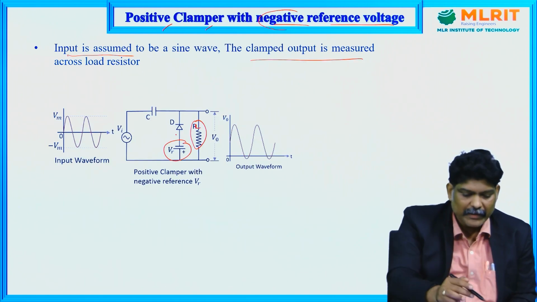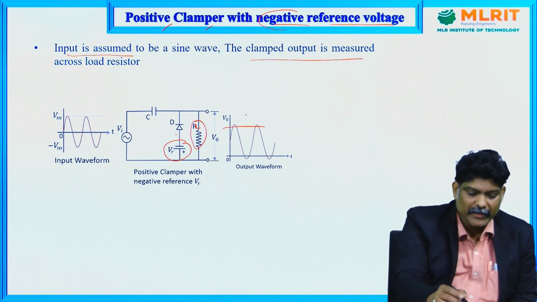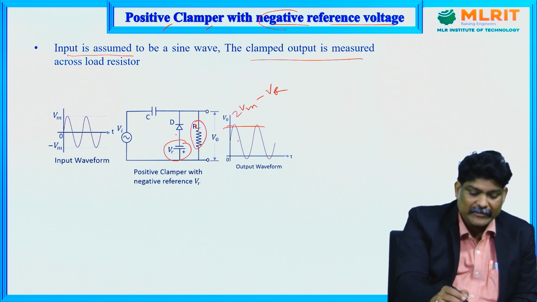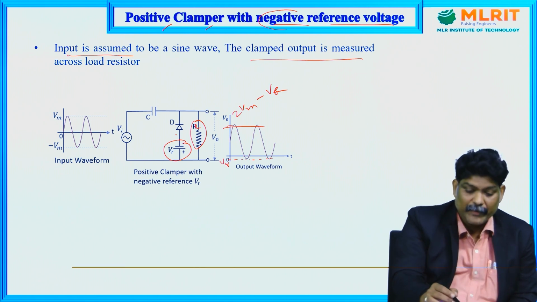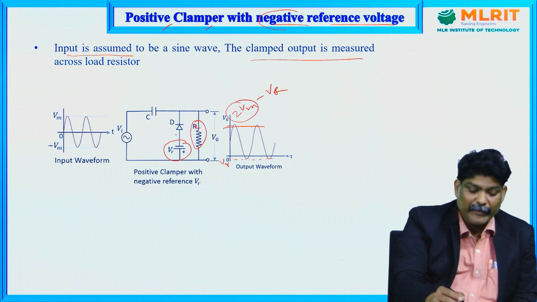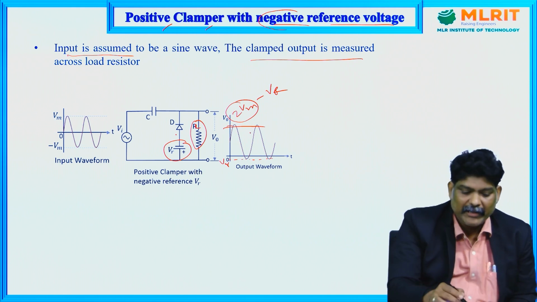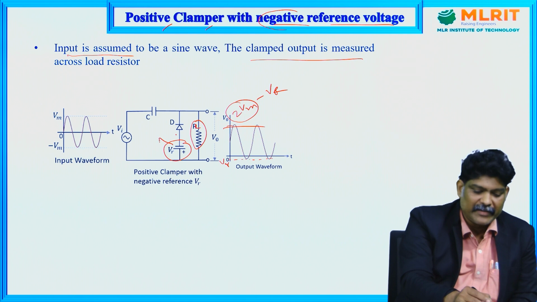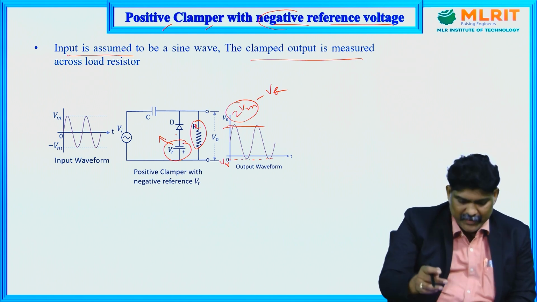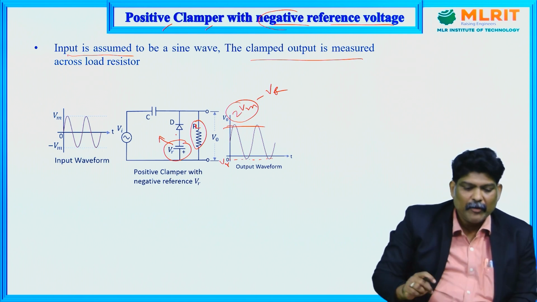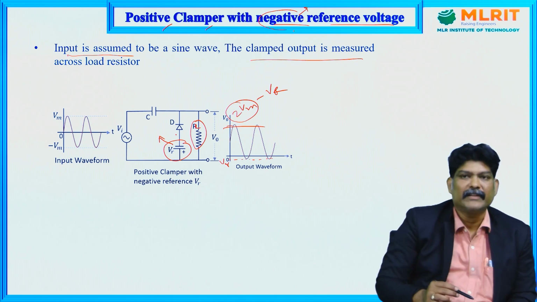This becomes 2Vm minus Vr, because actually it is 2Vm. So this part will be Vr. So the total will be 2Vm minus Vr. The peak value has changed because of the negative reference voltage. Okay. So this is the way to represent a positive clamper with negative reference voltage.